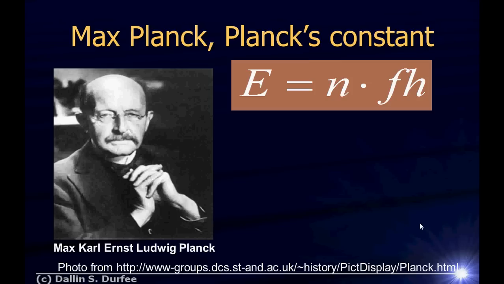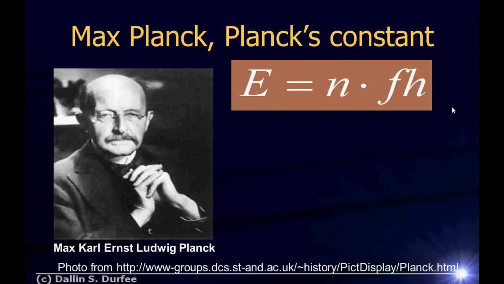Planck was able to get the curve that experimentalists measured, but to do that, he had to assume that for any given resonance mode of his cavity, the amount of energy was quantized. It had to be an integer, n, times the frequency of the light times a constant, which is now known as Planck's constant.